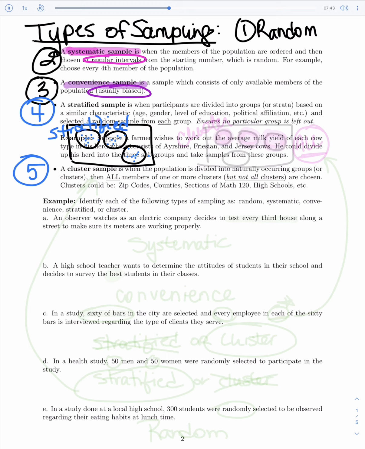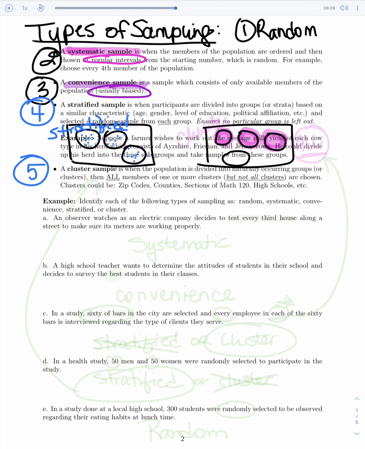Whereas with cluster, you have your population broken up into groups, but you only take a couple of the groups. So let's say we've got 4 groups and we only select 3 out of the 4 groups. But then the idea with cluster is you test everything in those groups.